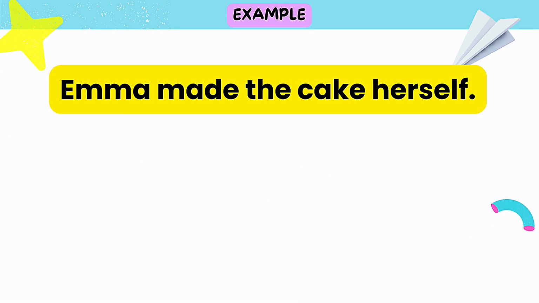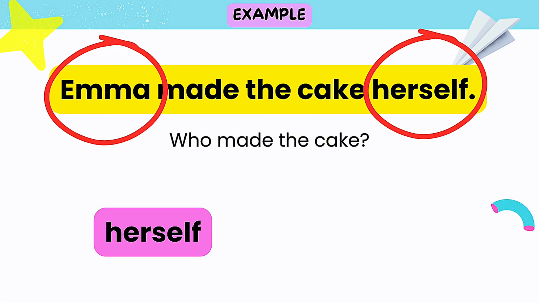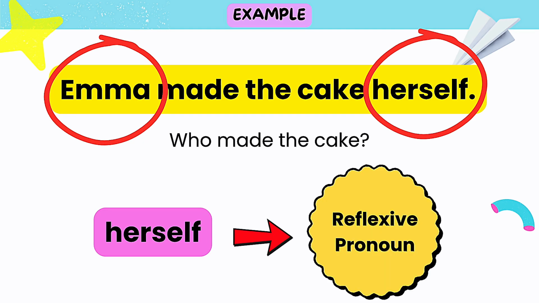Look at this sentence. Emma made the cake herself. Ask yourself, who made the cake? Emma. Who is herself referring to? Emma again. Since both refer to the same person, herself is a reflexive pronoun.